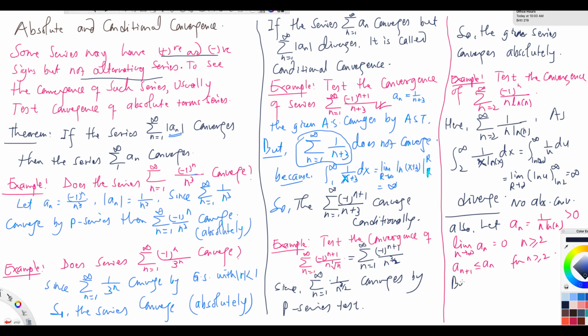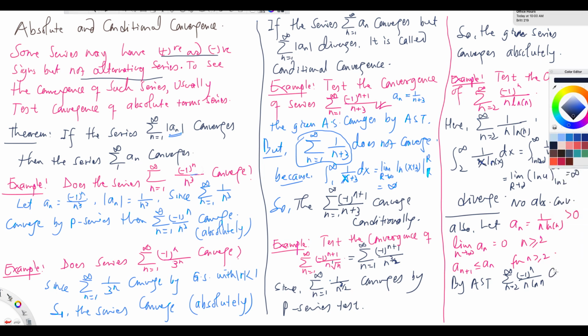By the alternating series test, the given series, the summation from n equals 2 through infinity of negative 1 to the n over n natural log of n, converges. You see that the regular series converges, but the absolute value series does not converge, meaning it converges conditionally. So the given series converges conditionally.